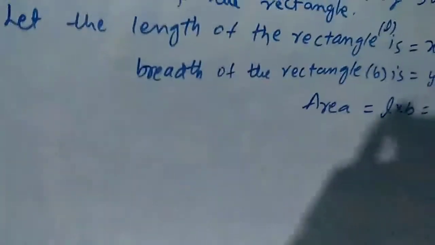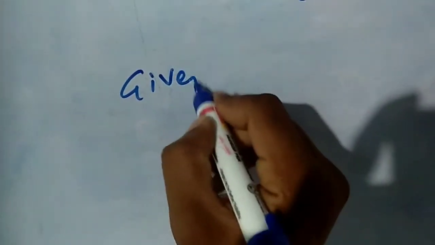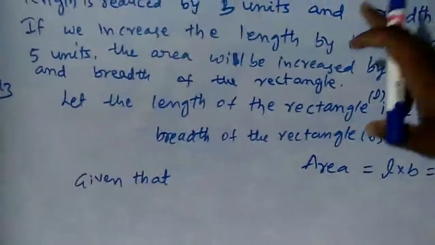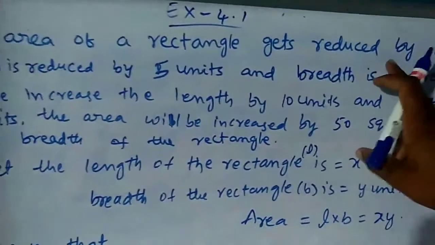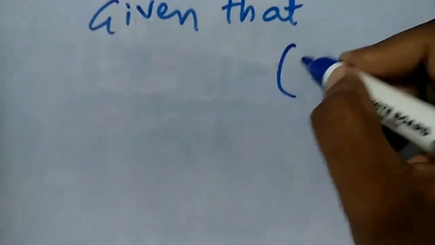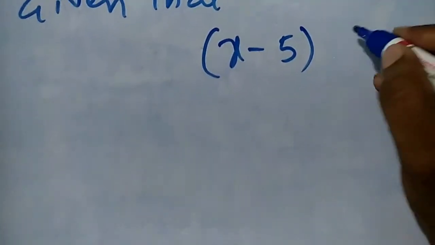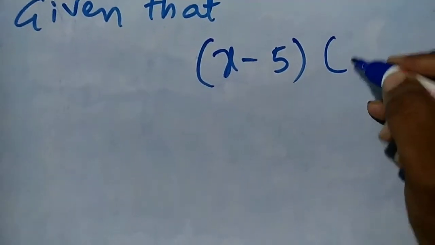Okay, so given that by problem, given those two conditions, see, the area of a rectangle gets reduced by 80 square units if its length is reduced by 5 units. Length is reduced by 5 units. That means here length is x, it is reduced by 5 units, so x minus 5. Breadth is increased by 2 units.